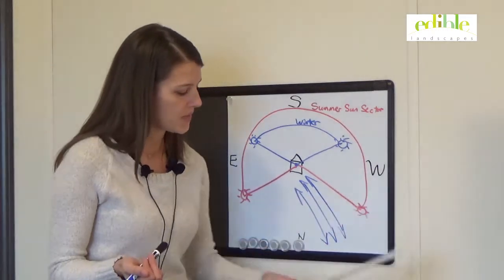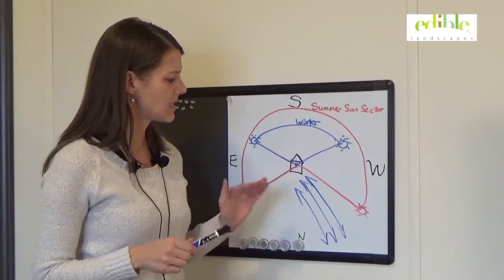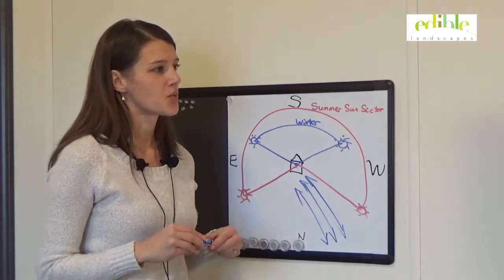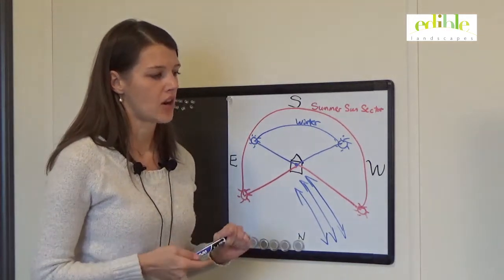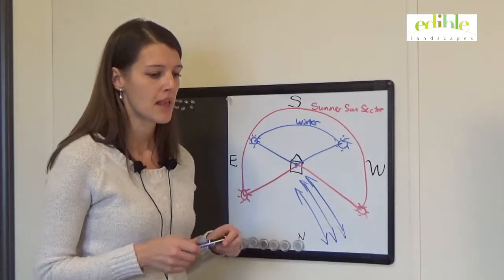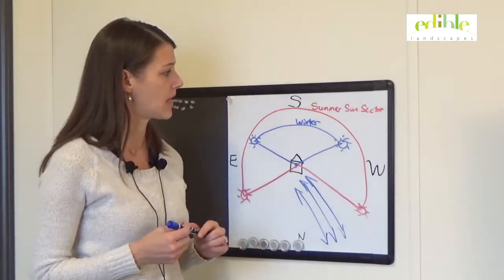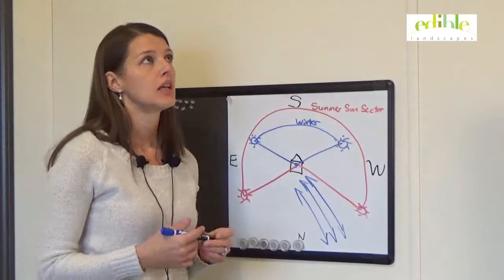And so the next thing that we look at, and this isn't as relevant in a lot of parts of Canada as it is, say, in California, or, well, I guess in BC now it is, is fire sectors as well.